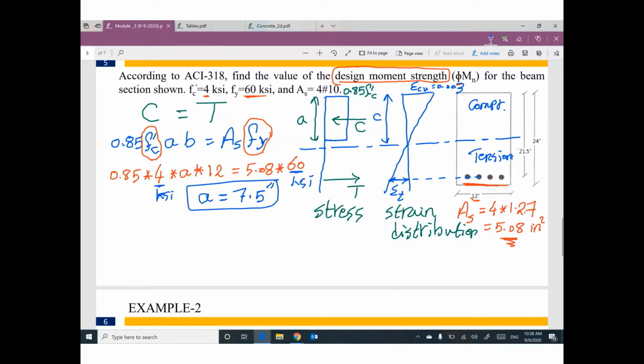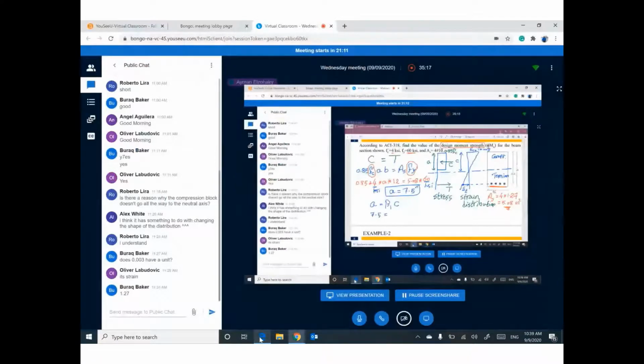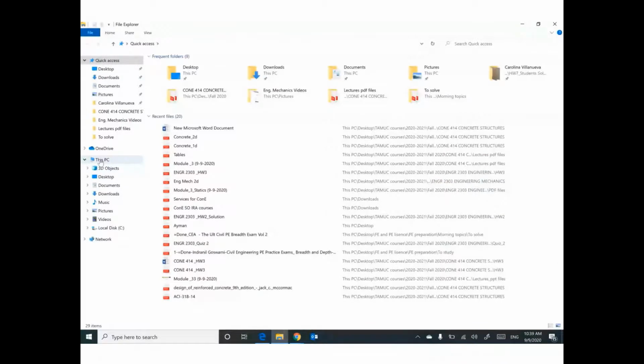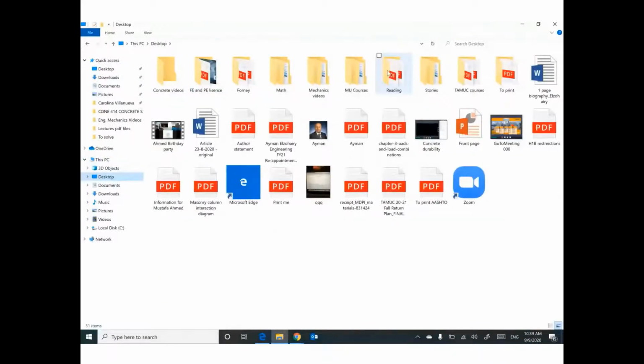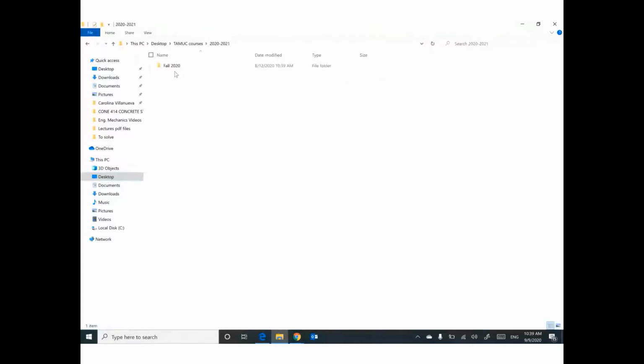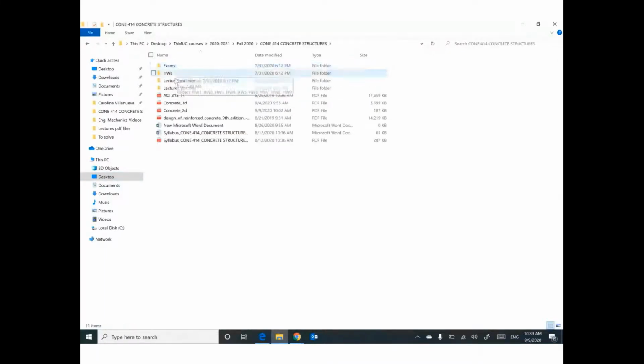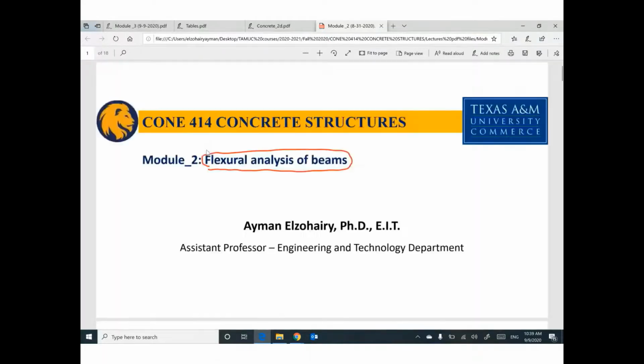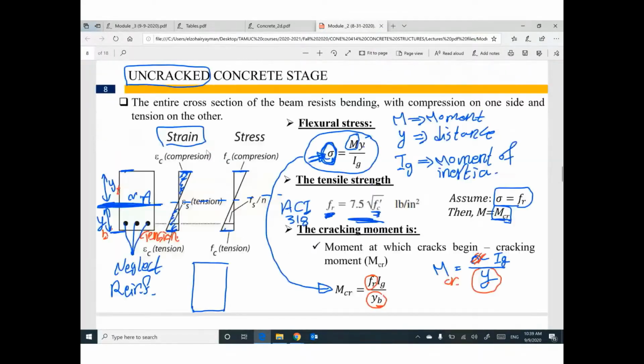By the way, a equals beta 1 times c. a equals 7.5. Anybody can tell me what is the value of beta 1? Thank you, Brock. If I open my old notes, I think this one. We have a table here.